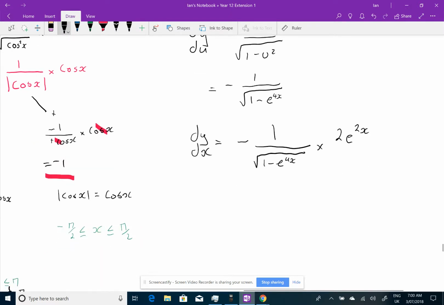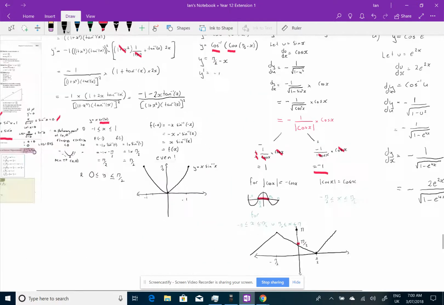And then I'll just tidy that up: minus 2e to the 2x over the square root of 1 minus e to the 4x. So that's not too hard, and they're the ones that I want you to practice. Let's have a look at e.